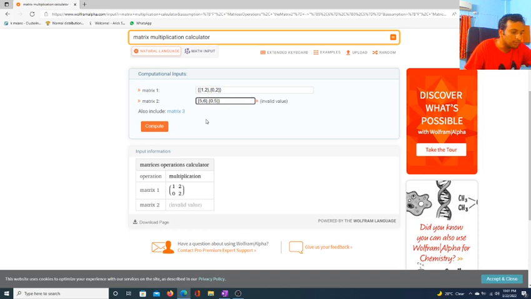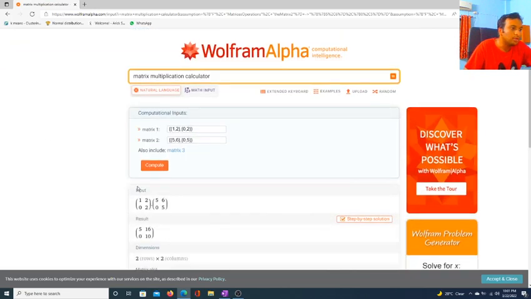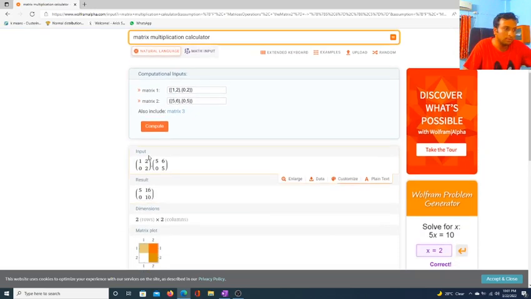I'm just randomly taking these two matrices; there's no logic for the entries. Both of these matrices are upper triangular in the sense that everything below the diagonal is zero. The diagonal is 1 and 2 here, and 5 and 5. So the result is also an upper triangular matrix.